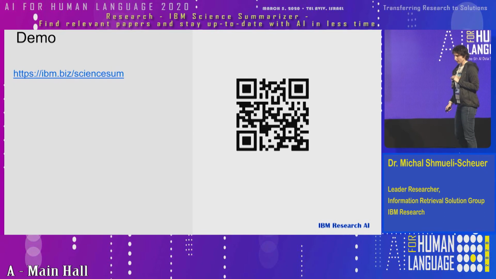Okay, so I have 2 minutes. I'll try to show you a demo. There is a beta version of the system that was started at NeurIPS, about 2 months ago.